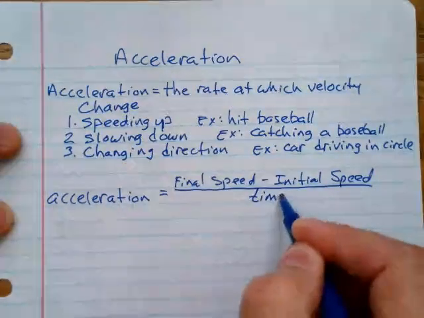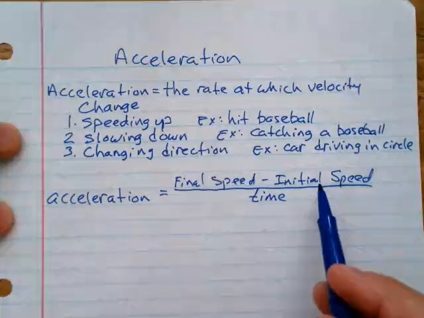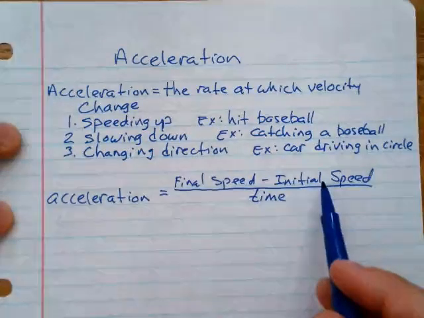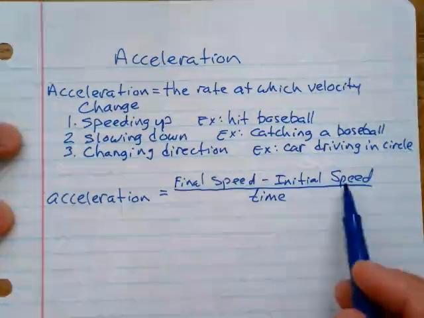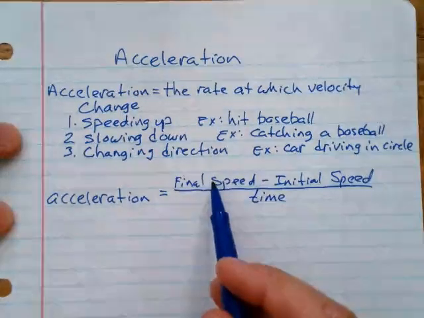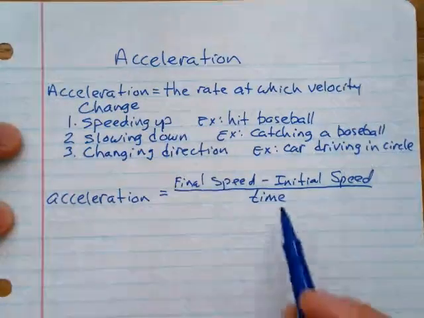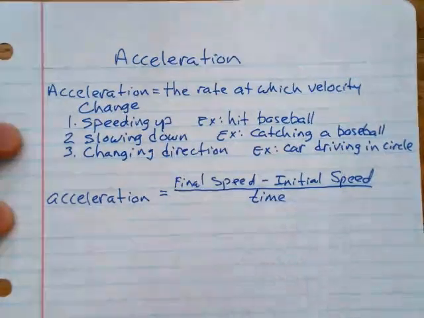If I wanted to know the acceleration of a car accelerating from stop to getting on the freeway, initial speed would be 0, and its final speed might be 60 miles an hour as you're getting on the Highway 60 or the 202, and I want to know how long that took. That would be the acceleration.